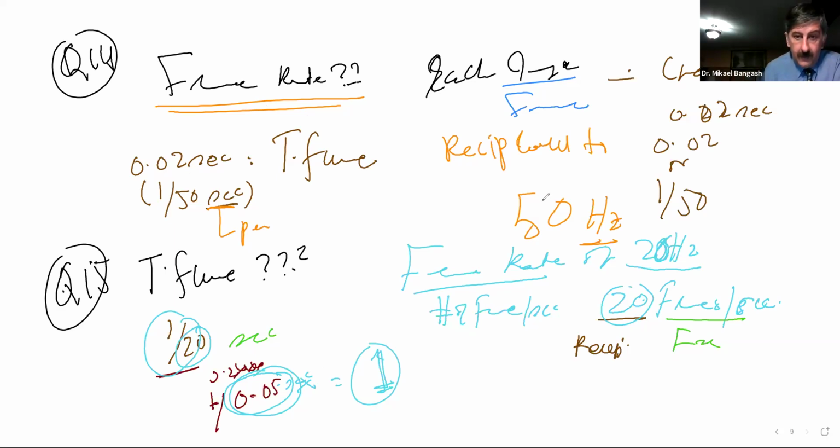Whether you multiply 50 by 0.02, the product will be 1. Or multiply 50 by 1/50, of course, it's going to become 1. Did any of this make any sense?